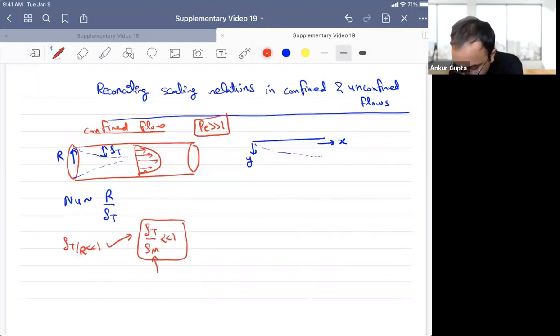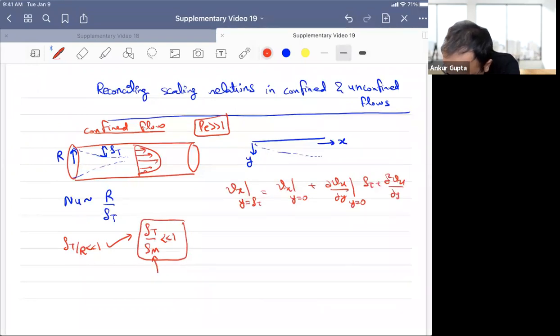So this is true, and we can use the Taylor series expansion. We have Vx at y equal to delta T is Vx at y equal to 0 plus del Vx by del y at y equal to 0 times delta T, plus del square Vx by del y square times delta T square by 2, and so on.